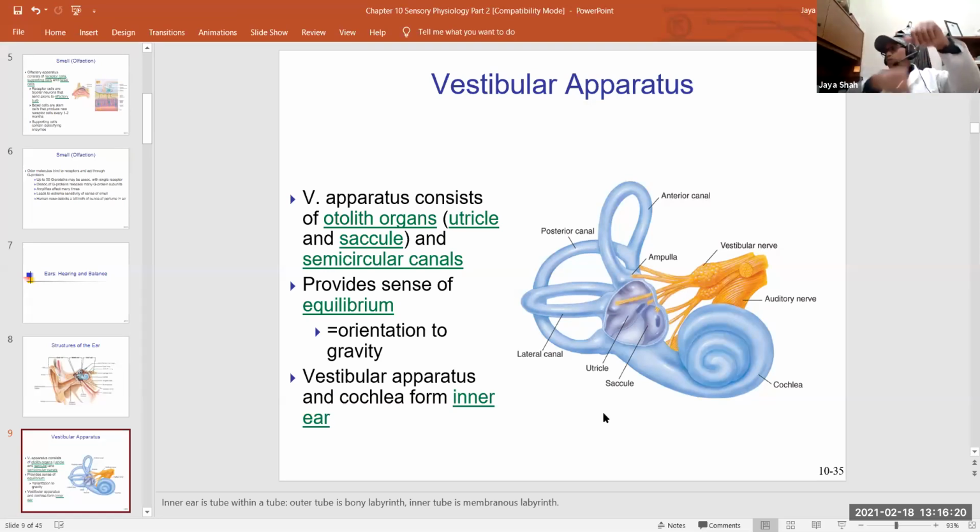So if you have a tube within a tube, how do you see a tube within a tube? You have, let's see, two papers, and you make tubes of the two papers. I'm going to make one a small tube, and I'm going to make another, a big tube.